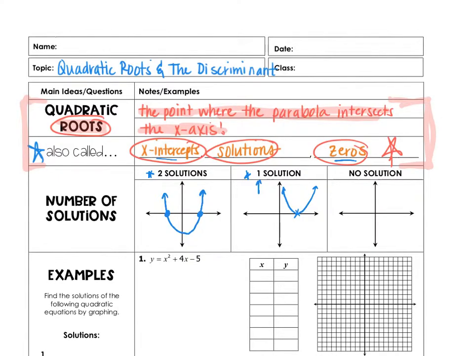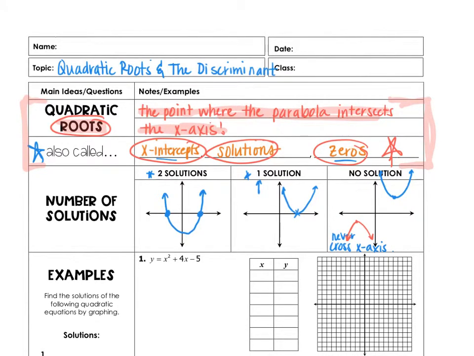Or a parabola can have no solution, meaning it'll never cross the x-axis. So what would a parabola look like if it will never cross the x-axis? Well, maybe the vertex is over here, so it'll never cross the x-axis, or maybe the vertex is over here and it's downward facing, so it'll never cross the x-axis.